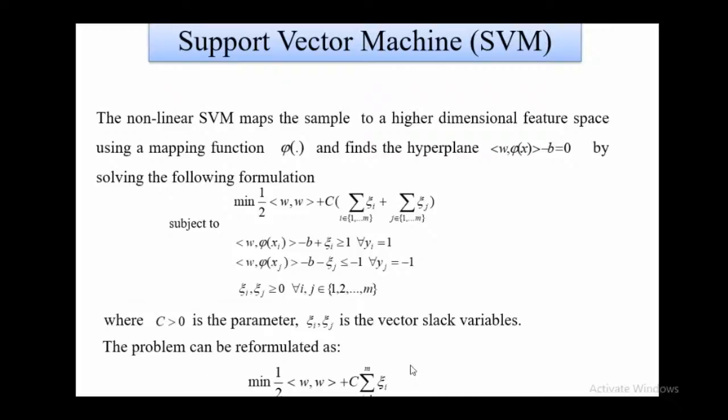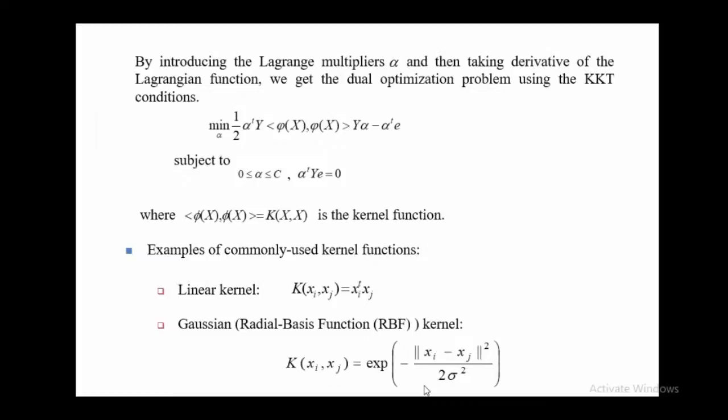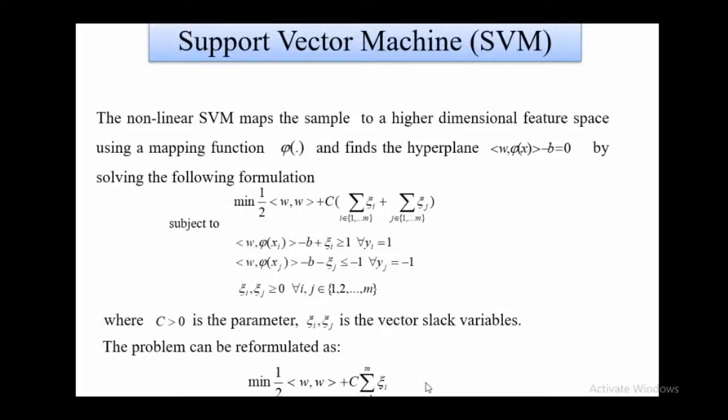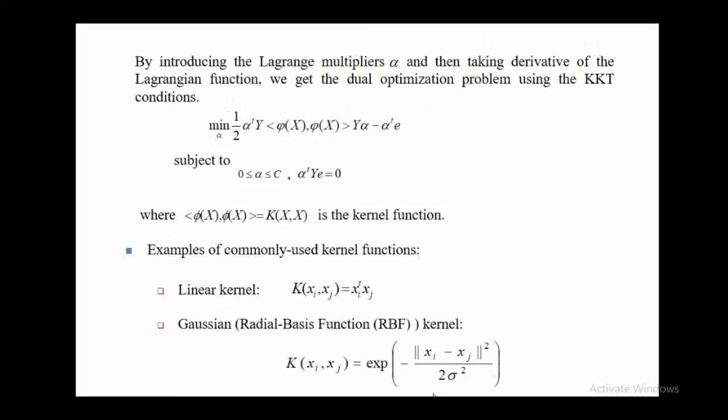One may use the Lagrangian multiplier and the KKT conditions and convert it into a dual form. This will be your dual form problem that you can solve as a quadratic problem, through any toolbox. Actually, I used the MOSEK toolbox, which is a plugin with MATLAB.